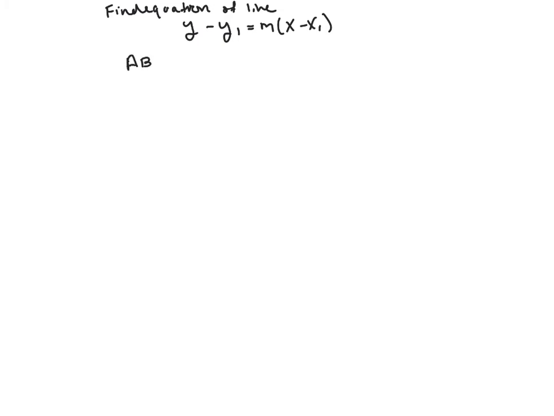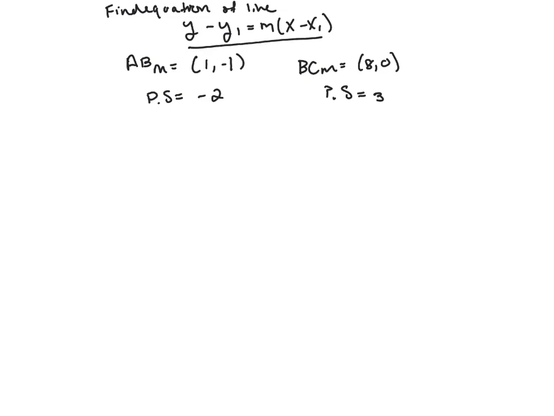AB's midpoint was 1, negative 1, and the midpoint of BC was 8, 0. Those are the x1, y1s we're going to plug in. Our perpendicular slopes were negative 2 and positive 3.